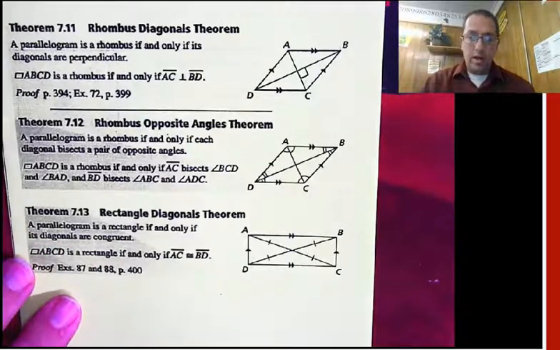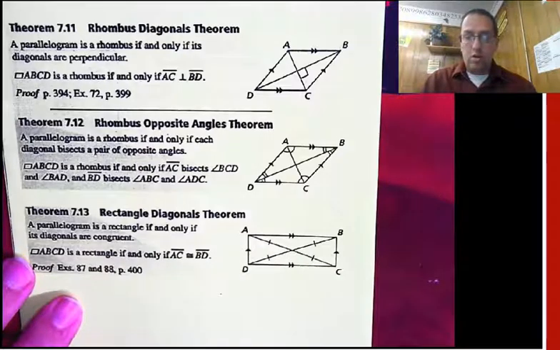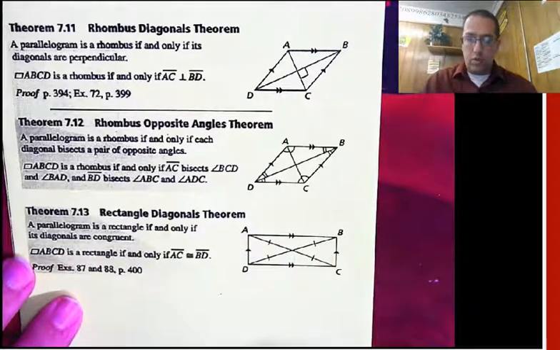Okay. Now, rectangle diagonals theorem. These are things that are true only for a rectangle, not true for rhombuses. And for rectangle diagonals, what we have here is the diagonals are congruent to each other. Okay. So, with a rectangle, the diagonals are congruent.